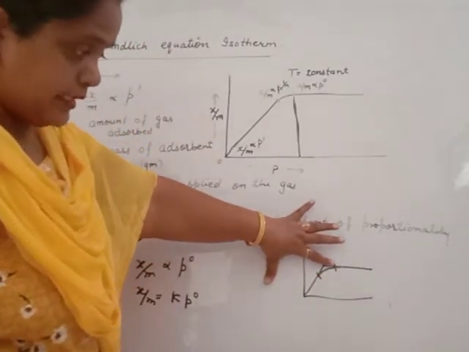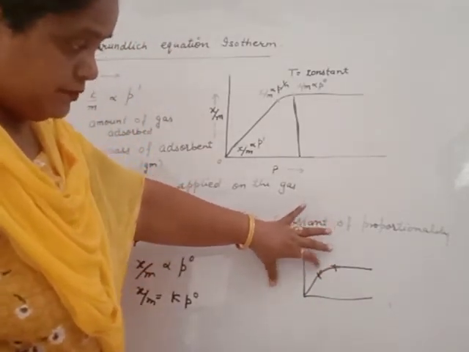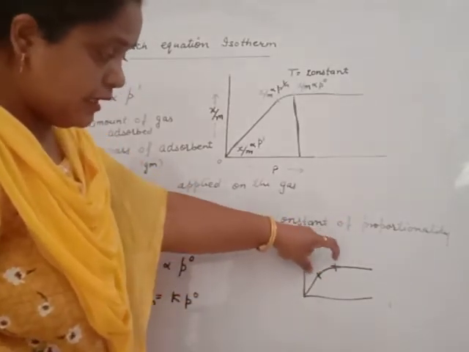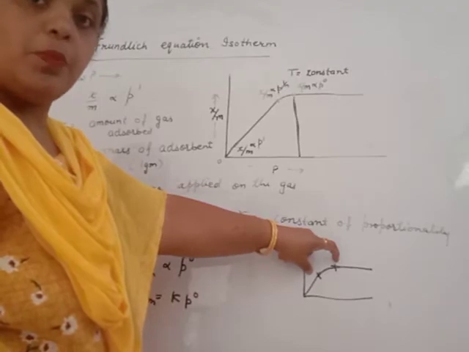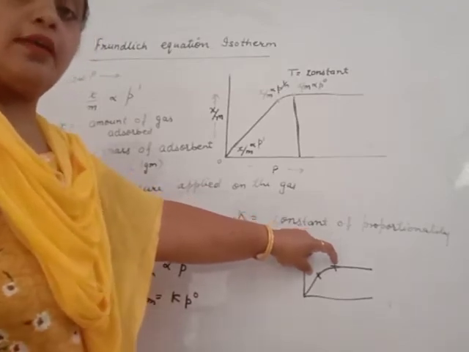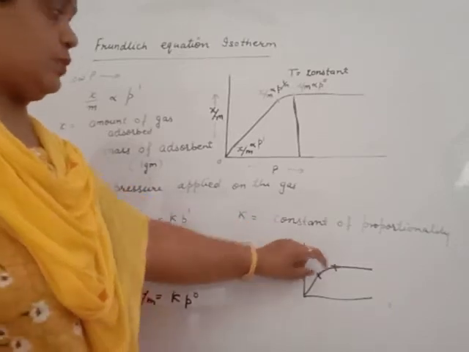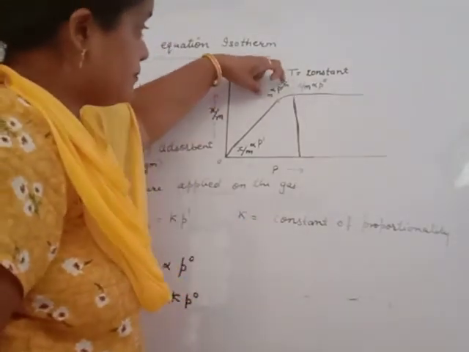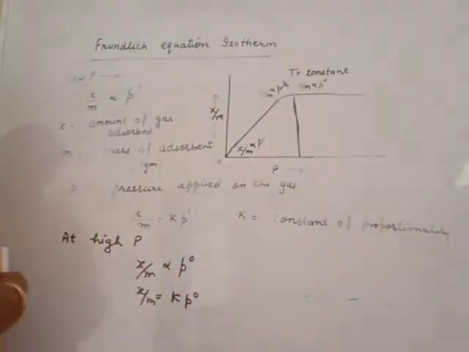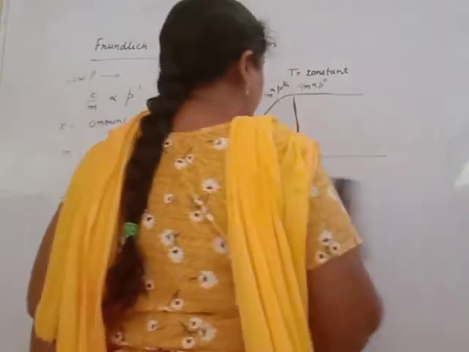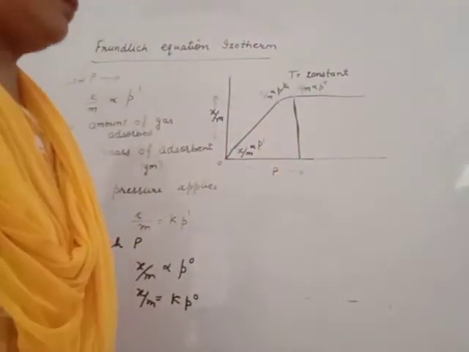He said it is not a graph that first increases and then stays constant. A stage comes at moderate pressure where the rate of adsorption increases, but that increase is very slow.